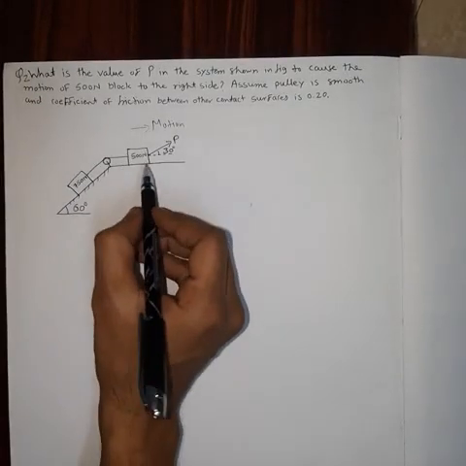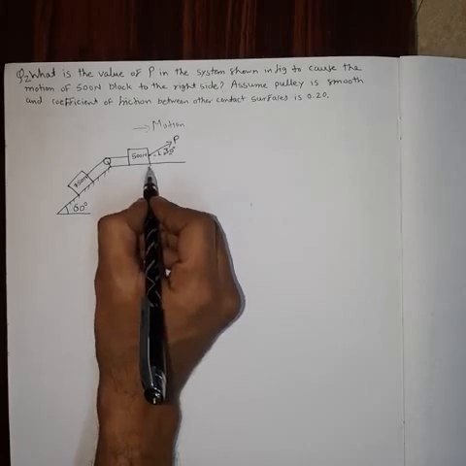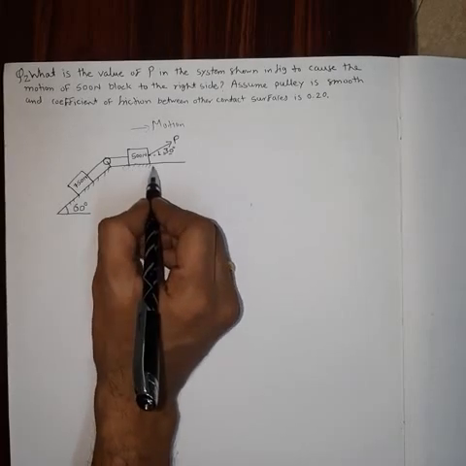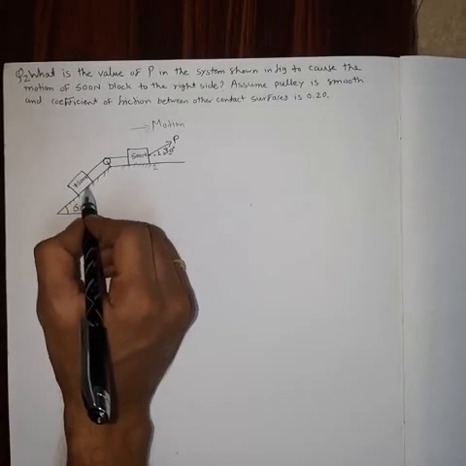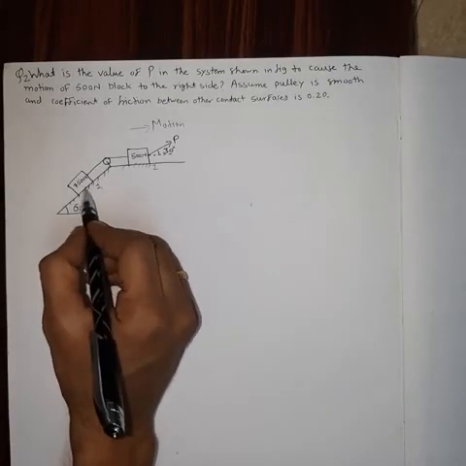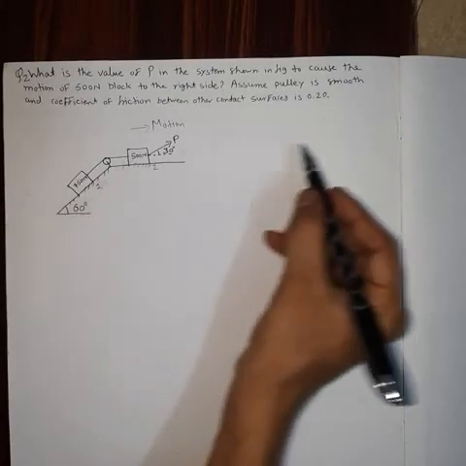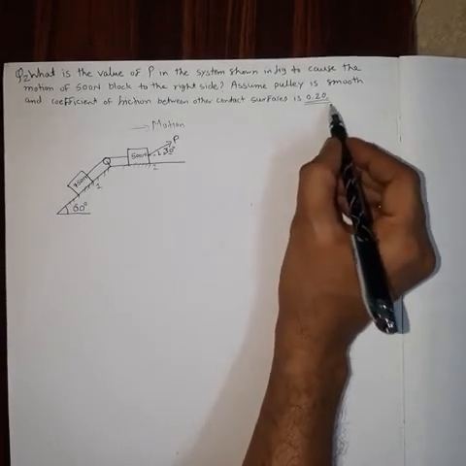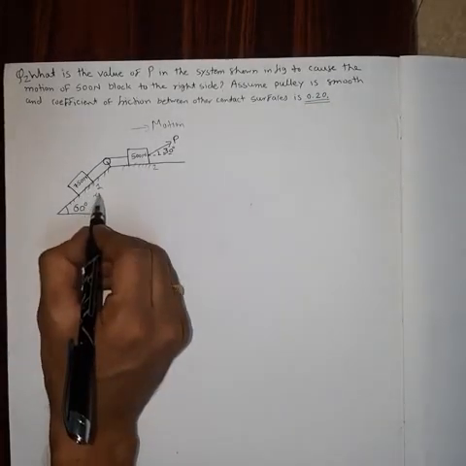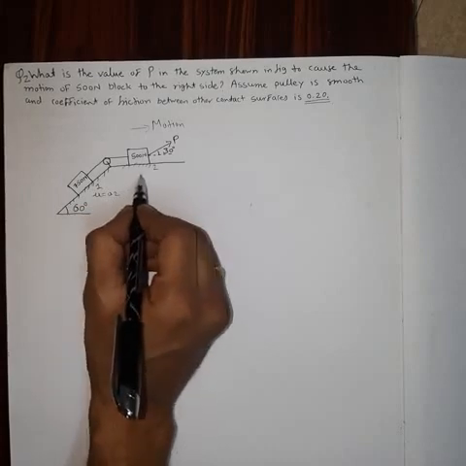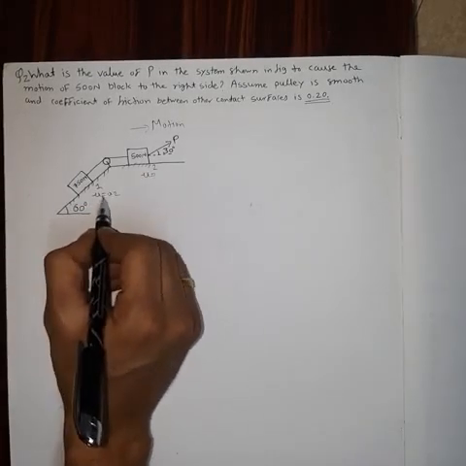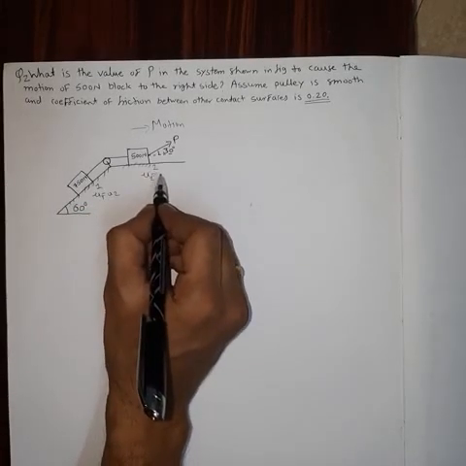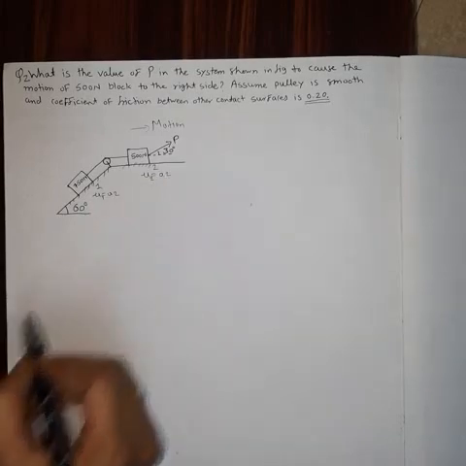There are two contact surfaces, so let us name this contact surface 2 and this contact surface 1. Only one value is given, 0.2, so for both contact surfaces, mu1 as well as mu2 will be equal to 0.2.